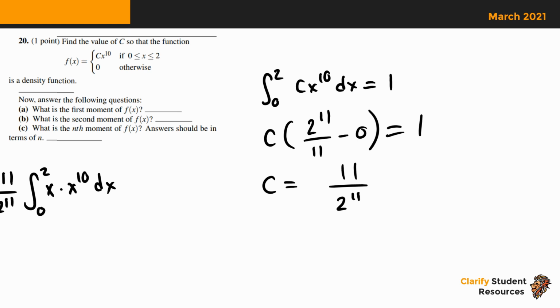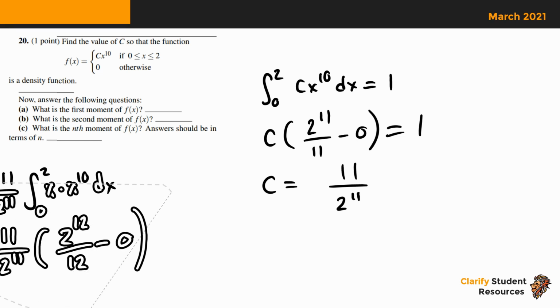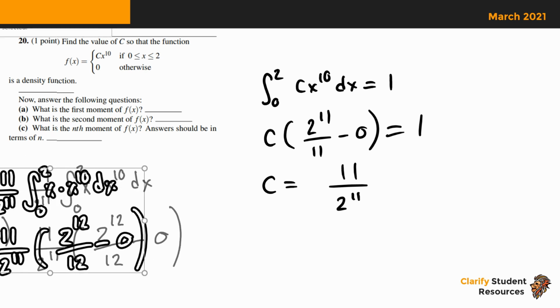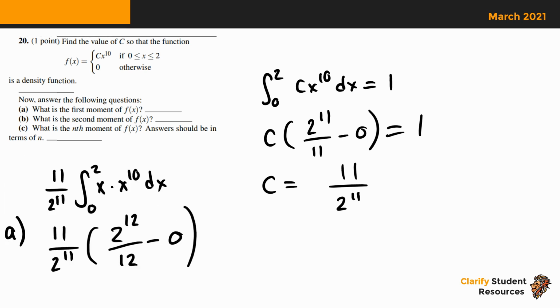So we get 11 over 2 to the power of 11 times 2 to the power of 12 over 12, minus 0. So that's going to be the answer for the first moment. It's a bit off screen here. Okay, so that's going to be A.